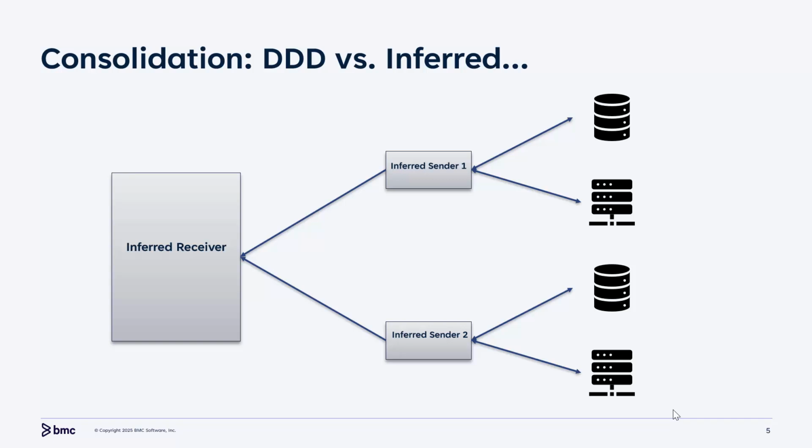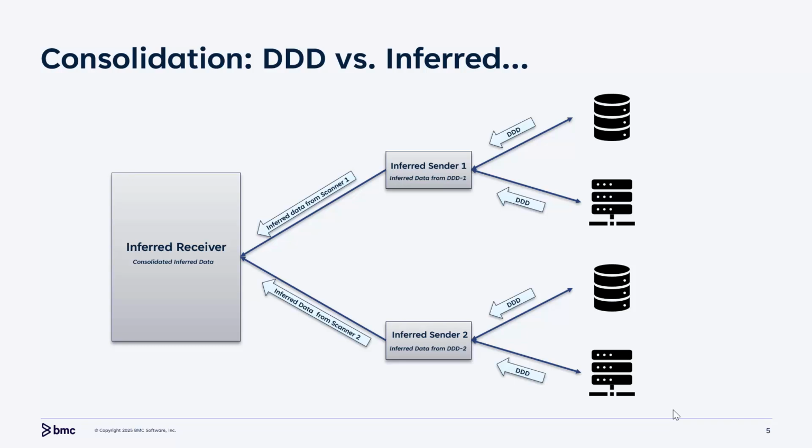They will connect to the target endpoints, capture the directly discovered data, and create their own set of inferred data. But when it comes to syncing the data to the receiver or consolidator, instead of sending the DDD data, they will directly send the inferred data. As a result of that, on the receiver, we will have a consolidated inferred data.